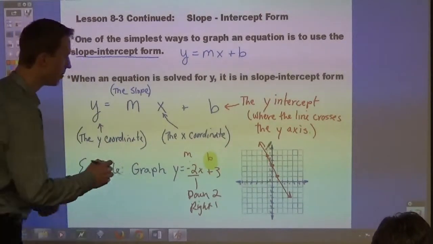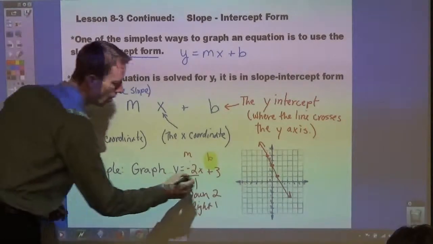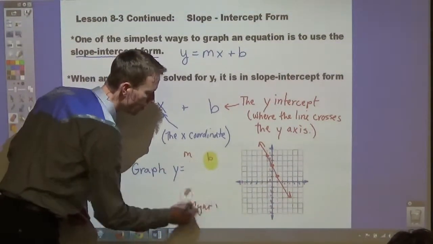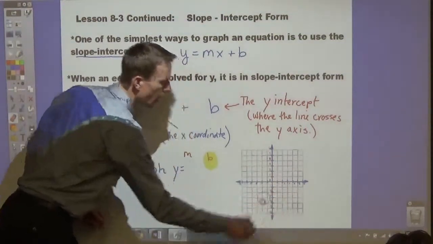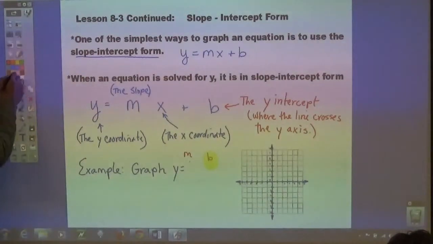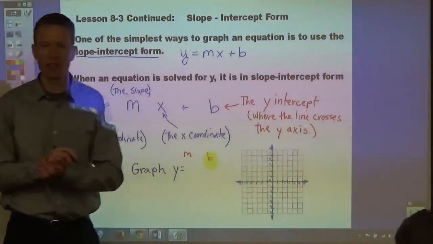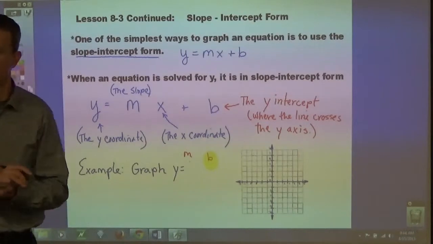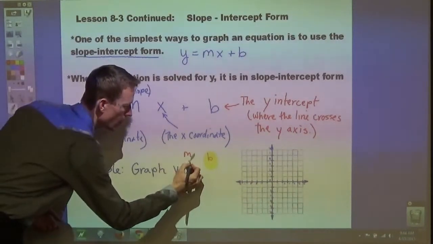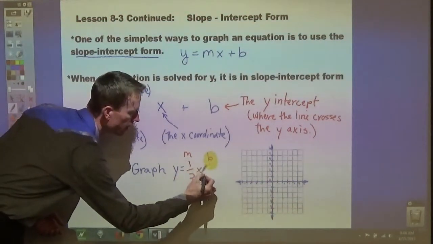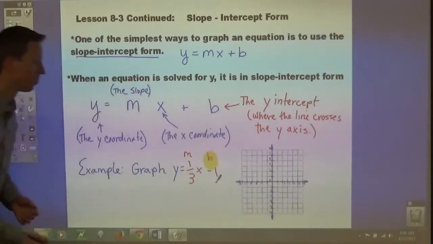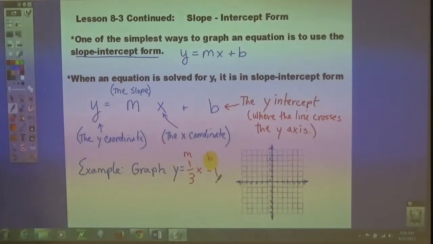Let's try number 10. One more, and then I'll let you get started on your assignment. What is the equation in number 10? Y equals 1/3 x minus 1. What is b in this equation? Joey?